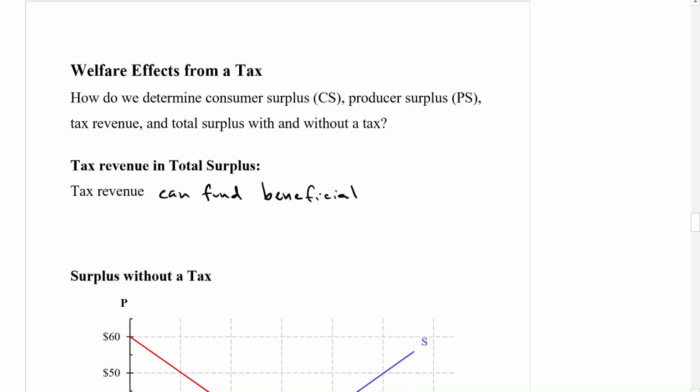So we include it in total surplus. We can think about this as roads, education, police. These are things that are providing welfare to the society, so we're going to include that in our welfare analysis.